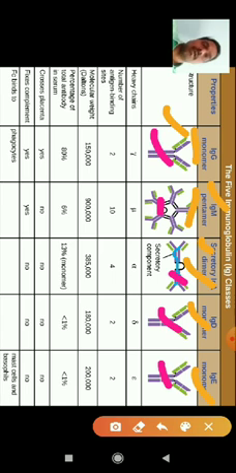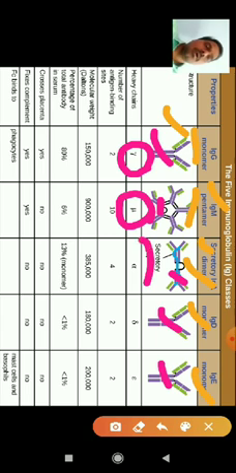The heavy chain contains different numbers of amino acids, so they give names based on the heavy chain: gamma, mu, alpha, delta and epsilon. Based on this, they are named IgG, IgM, IgA, IgD and IgE.